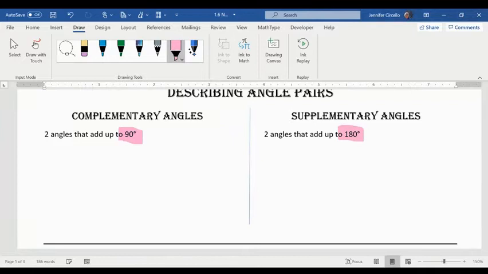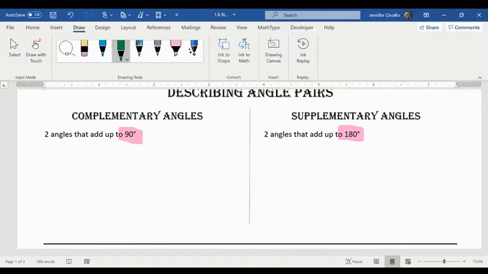So it's basically the same idea, but each one adds up to a different number. A lot of people will remember that complementary comes first in the alphabet, so it's the smaller number. It adds up to 90, whereas supplementary is second, so it adds up to the bigger number, which is 180.